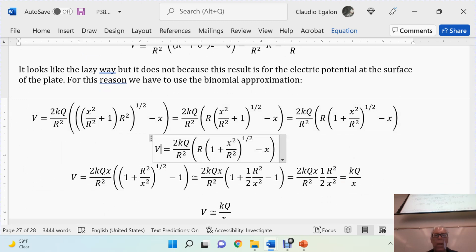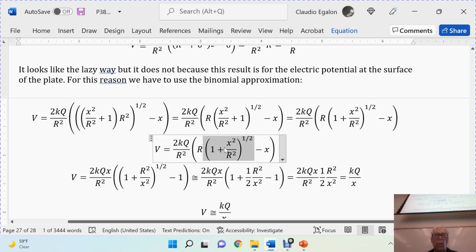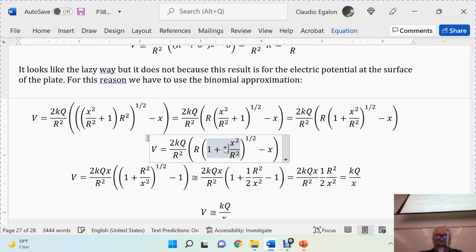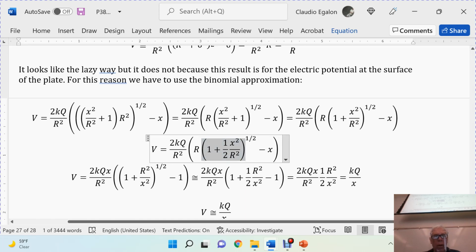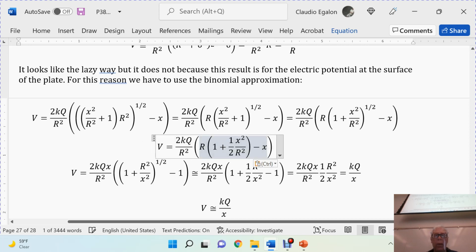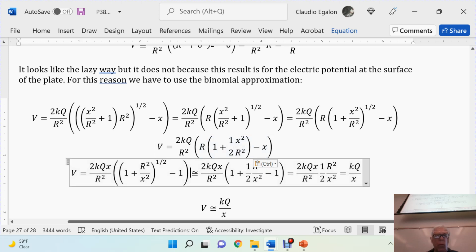Okay, here you go. And we apply the binomial approximation to this term here. We have half here. And now I use the approximation symbol.